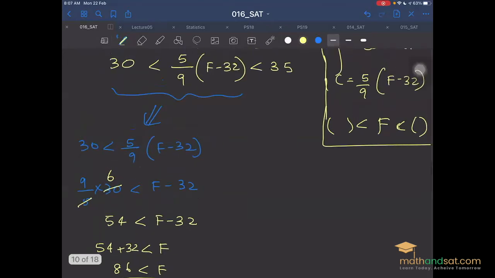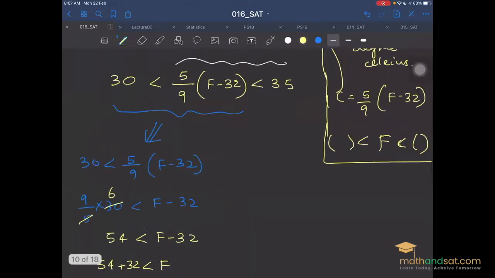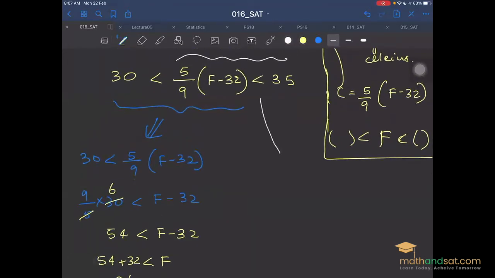Now you take the next inequality. You have 5/9 times (F minus 32) less than 35. Again, F minus 32 is being multiplied with 5/9 on the LHS. So to get rid of that 5/9, when you bring it to the RHS, it appears as 9 over 5.